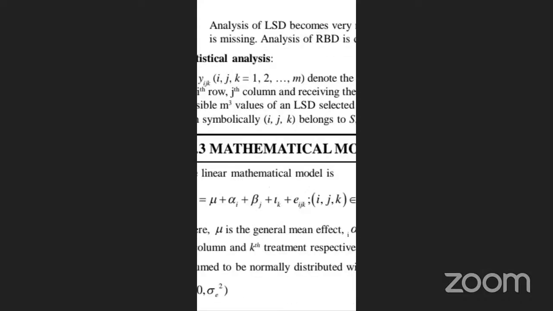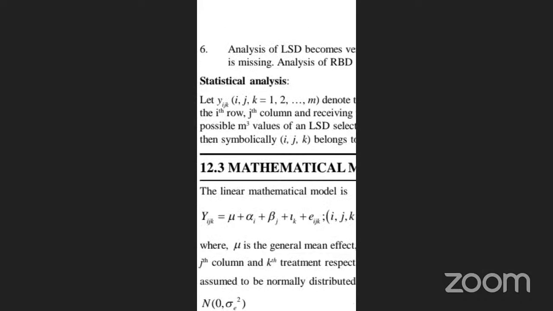So therefore, statistical analysis. i, j, k equal to 1 to m denote the response of the unit plot in the field experimentation. So we can take the plot in the field experiment. In the ith row and jth column is the respective kth treatment.